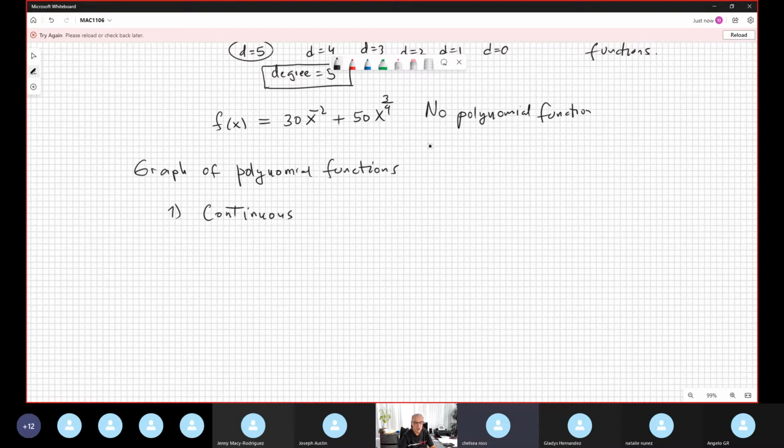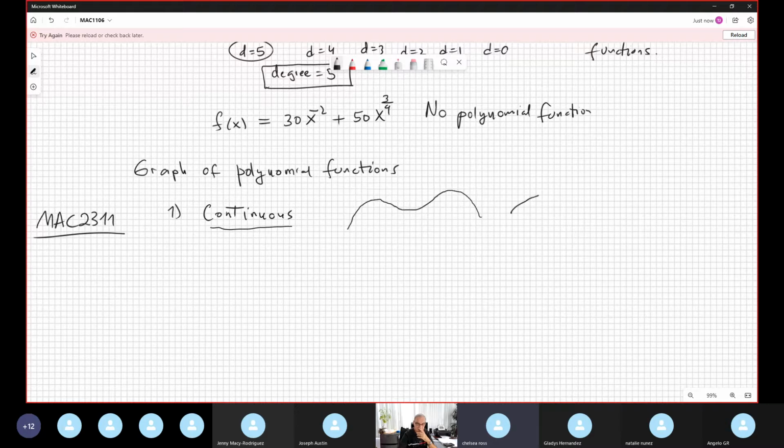What is being continuous? I promise that in calculus 1, which is Math 2311, we study the idea in detail, but to get an intuitive idea, continuous is a curve that we can draw without lifting the pencil from the paper.